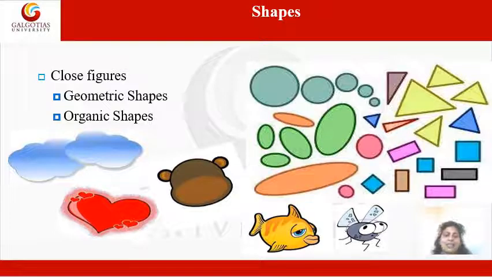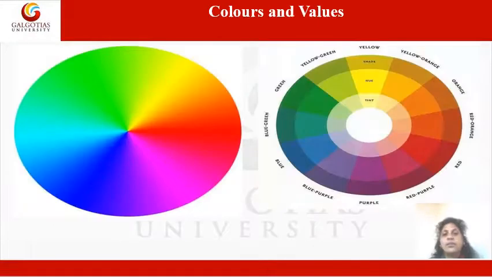And here we have sky. So we use either geometric shapes or organic shapes, and they are colored according to the need, the color combination. Now let us have a view about color and values.